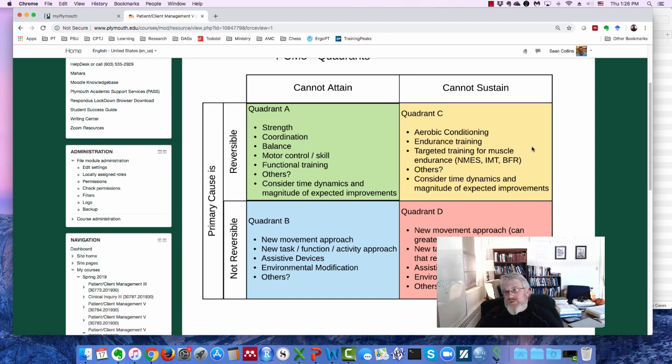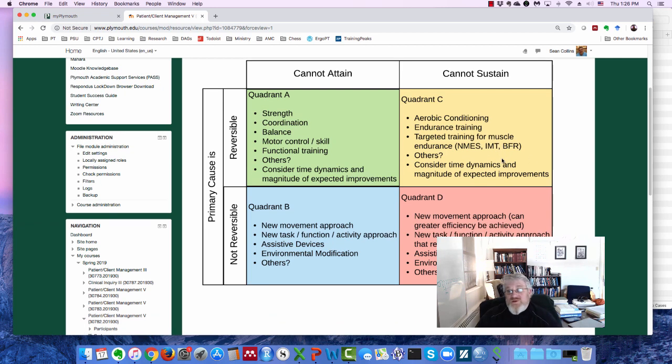So you learned a lot about aerobic conditioning and endurance training in exercise prescription, and in this course, this is where we're really going to cover topics like E-stim for people who have weakness that's leading to endurance problems, inspiratory muscle training, and some blood flow restriction training. And again, you're considering the time dynamics and the magnitude of expected improvements. This helps with goal setting, this helps with planning. Where should this person go?